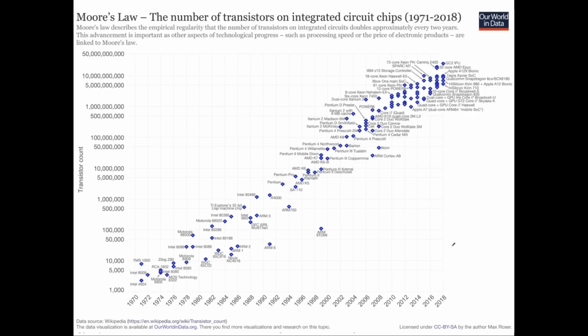This huge evolution of electronic technology is typically expressed with Moore's law.